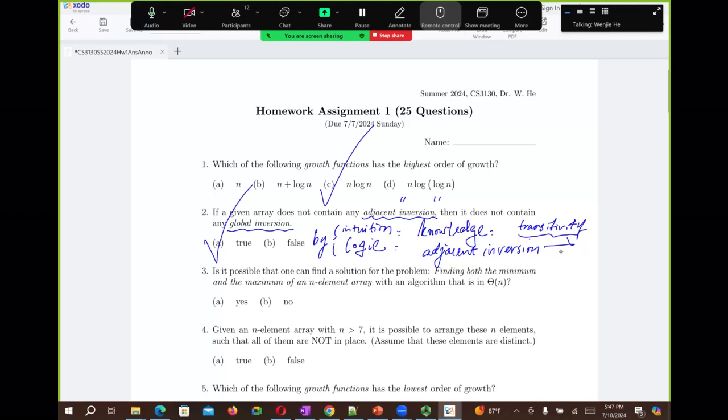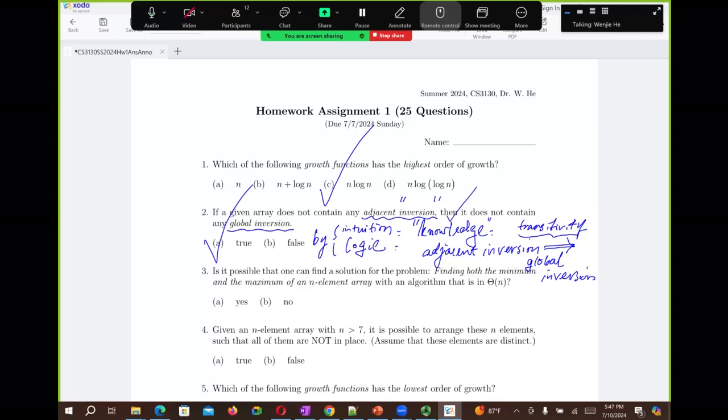By the transitivity property, it can result in global inversion. That's the key point. Yeah, but that's the knowledge piece. Okay, so you cannot get this property by logic, by intuition, right? So you have to study it. This knowledge point, you have to study it.